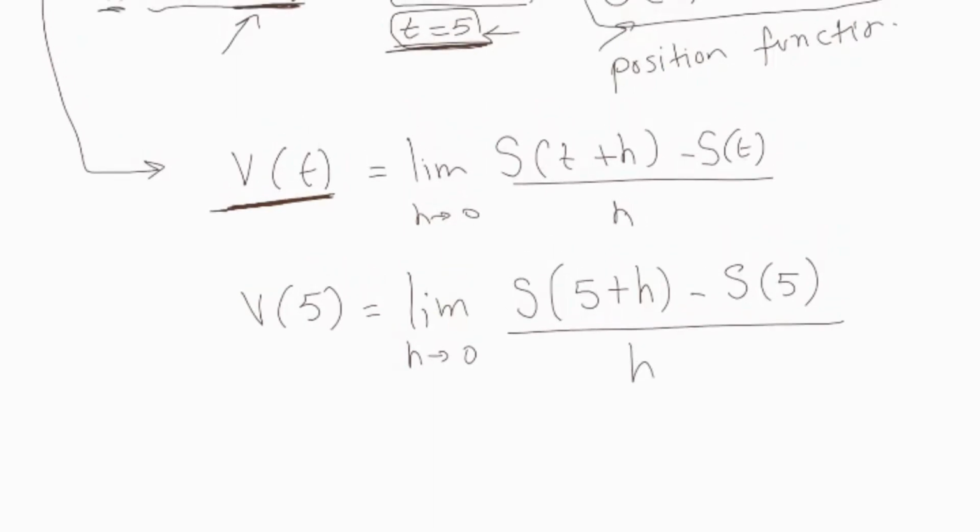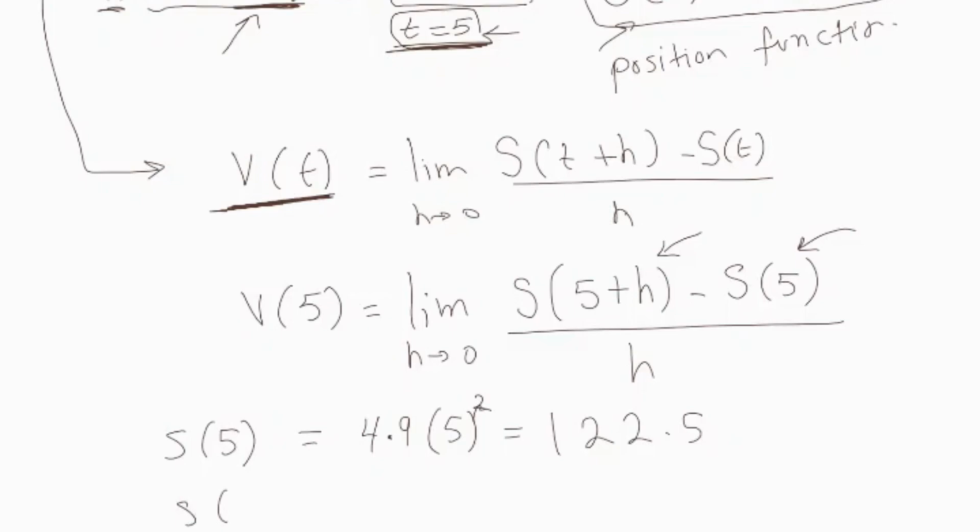So I need to find the position at t equal to 5, and the position at 5 plus h. Let's start with the position at 5. The position at 5 is equal to, applying the formula, 4.9 times 5 to the power 2, which is equal to 122.5.